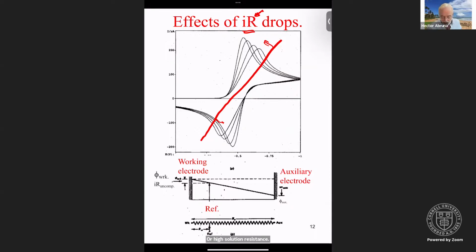This brings briefly into focus the importance of cell design and electrode placement. We will not be talking about cell designs, but in an electrochemical system, the way the circuit works is that you have a working electrode, which is located at quote-unquote virtual ground, and an auxiliary or counter electrode that supplies whatever current and voltage you need to maintain the difference between the working and your reference electrode fixed.